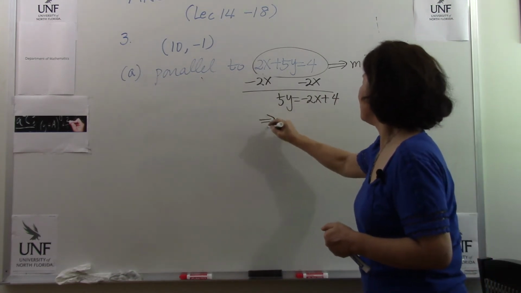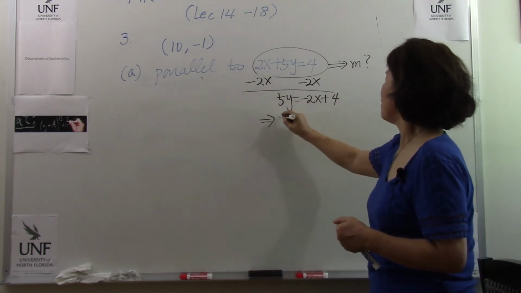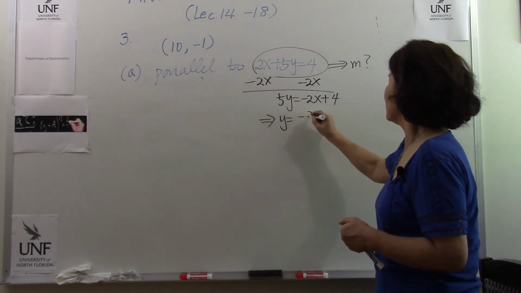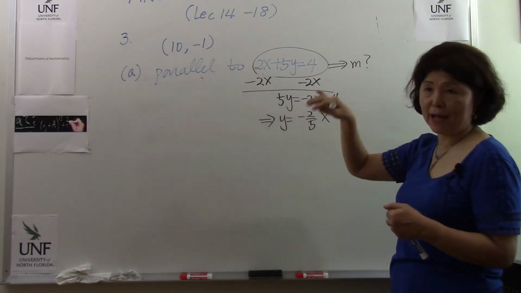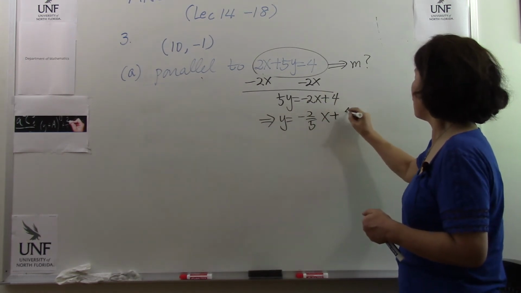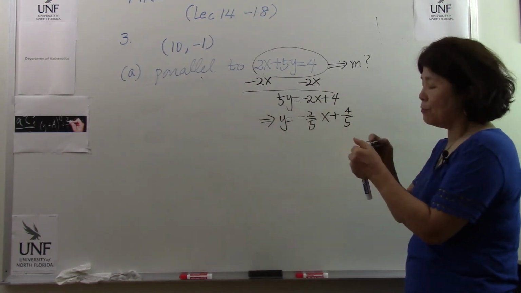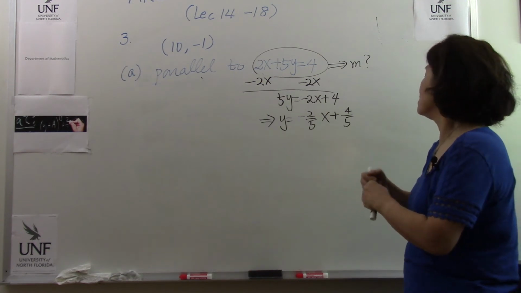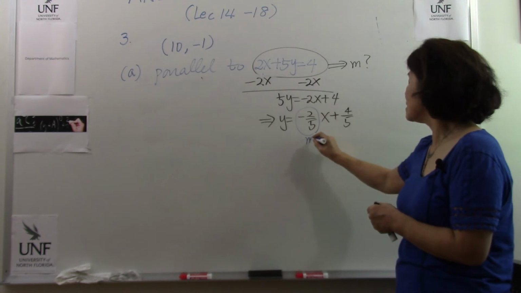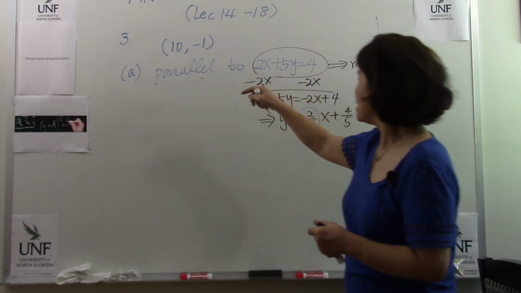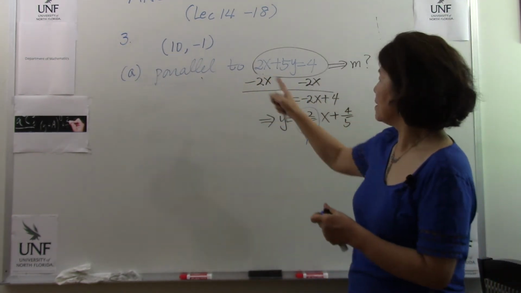And now divide everything by 5, so y equals negative 2/5 x. I want you to individually divide the 4 as well, so plus 4/5. That one separates this slope nicely. Okay, so this is the slope. And parallel to this line, that means it's going to have the same slope.